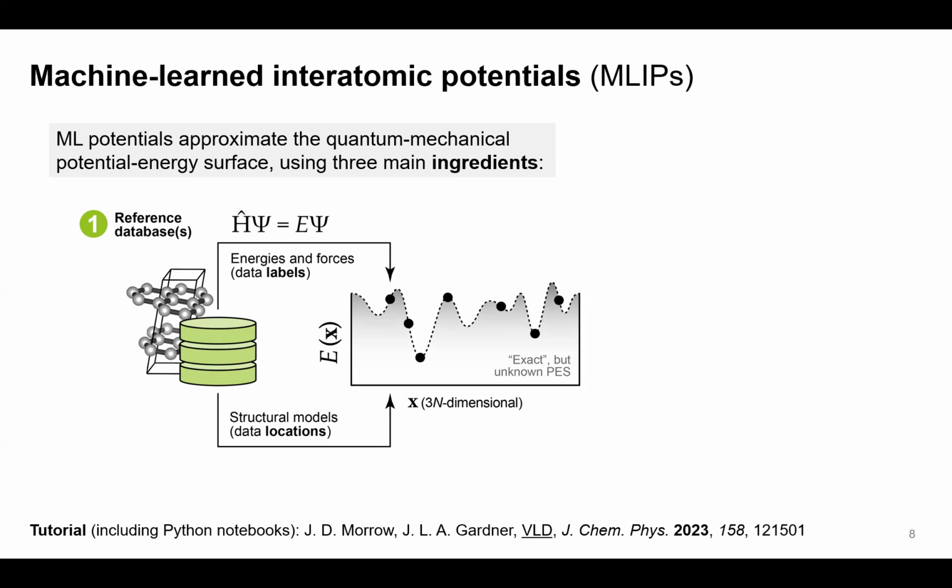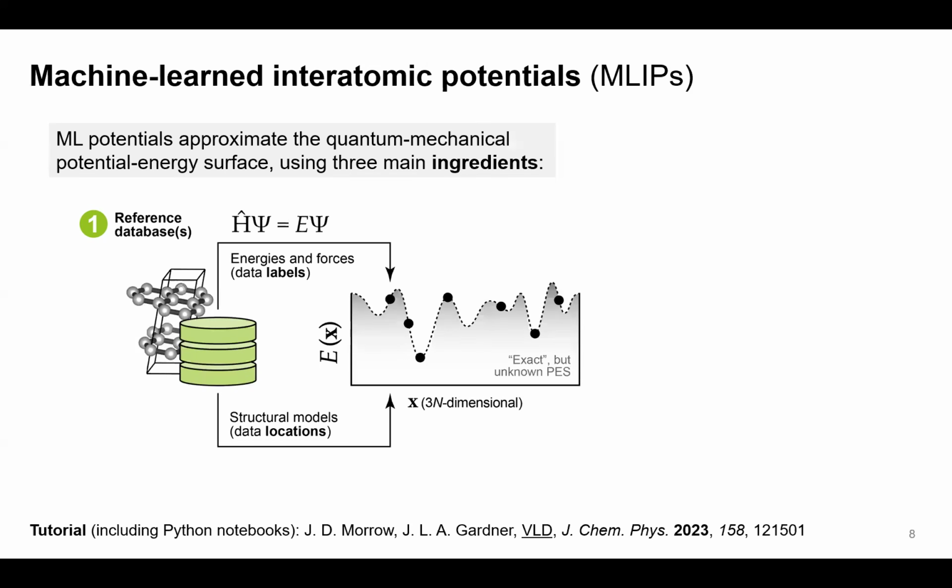You need 3 ingredients. That's the traditional way I would have talked about this. So the first ingredient is your reference data, and that's actually something really important here on the left. So you need to choose at what points you do your quantum mechanical reference calculations. What structures do you choose? That's the one arrow. And then how do you label these things, or how do you compute your training data?